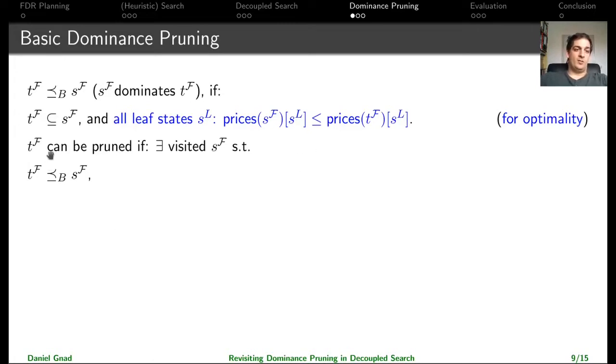Then a state T can be pruned if there exists a previously visited state S, such that the dominance relation holds, so S dominates T. And again, in the case of optimal planning, S was reached with a g value that's at most as high as the g value of T.